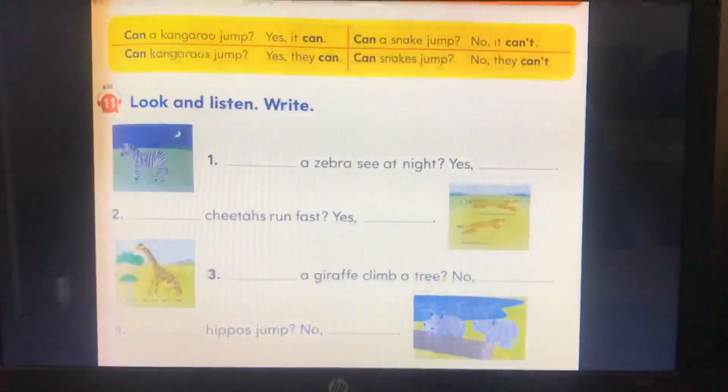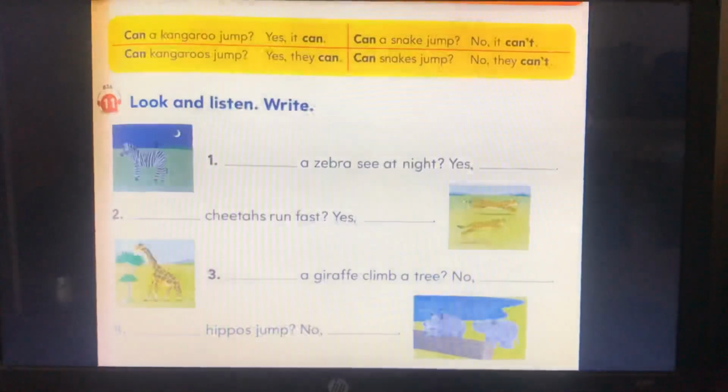Now let's go to number 3. Blank a giraffe climb a tree? No, blank. Okay, guys. We have 2 more blank spaces. Help me out with number 3. I'll give you a couple of seconds. Excellent job!